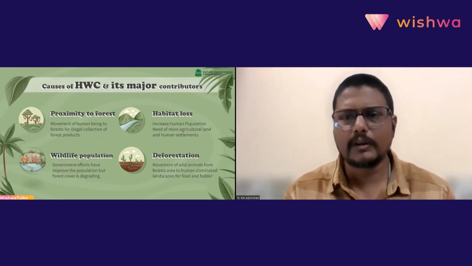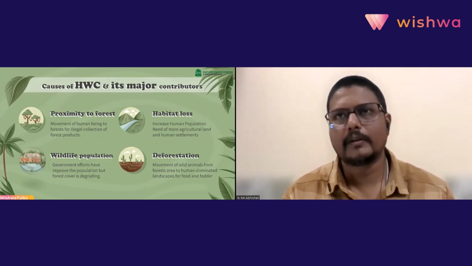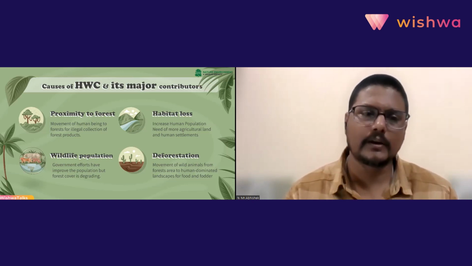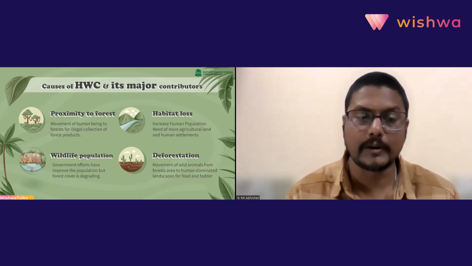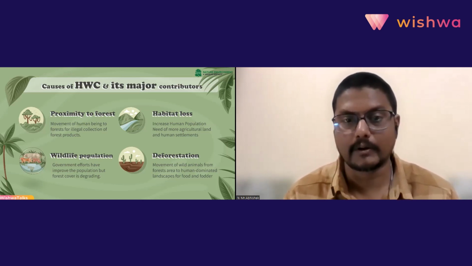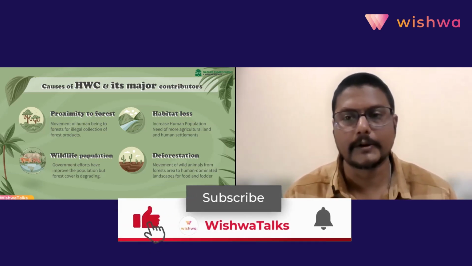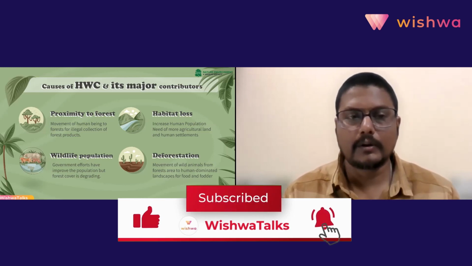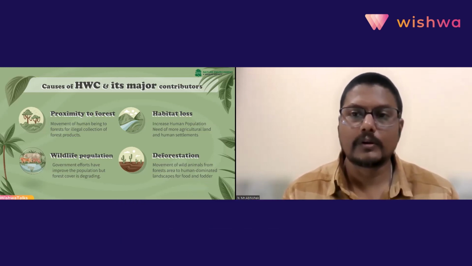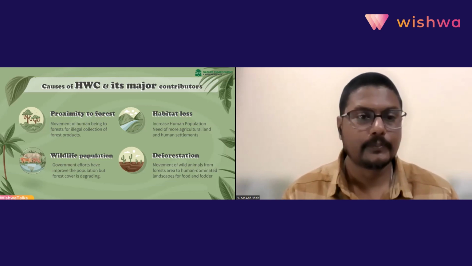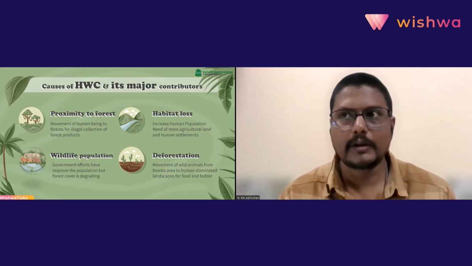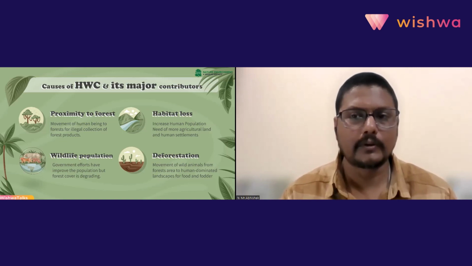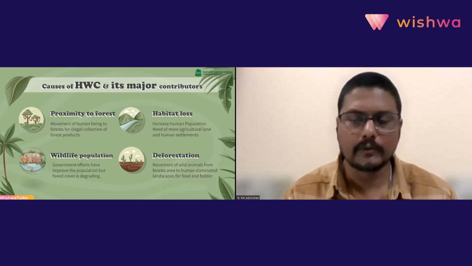There are certain good things and certain bad things, I would say. When I started working in Valmiki Tiger Reserve as a part of WWF Traffic India, it had only 8 tigers. Right now the population has risen to around 54. So in a span of around 10 years, the population has multiplied 5 times.